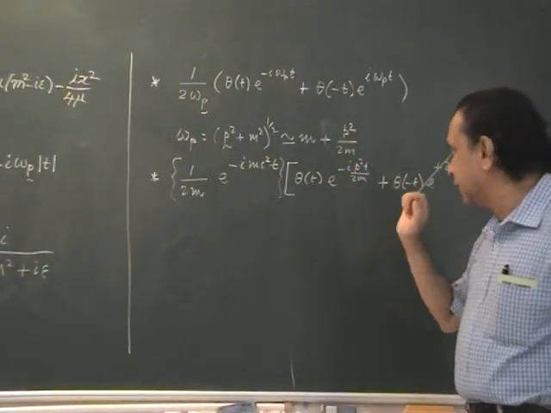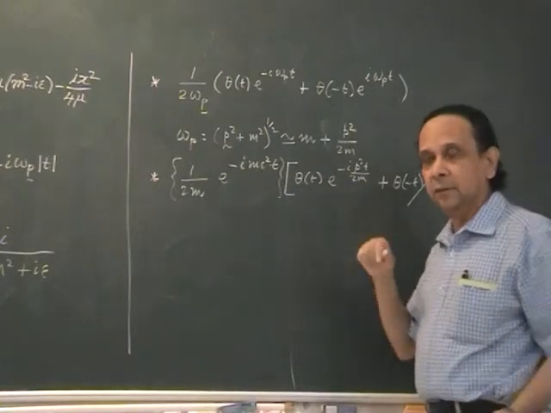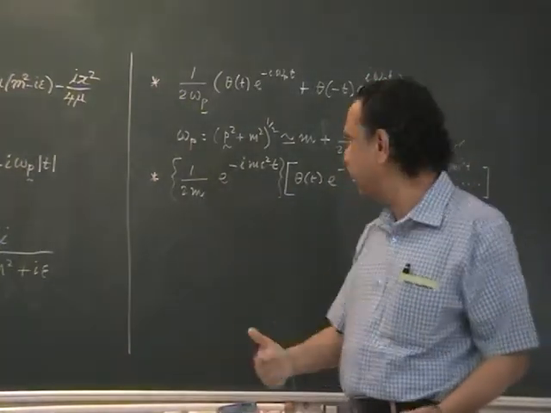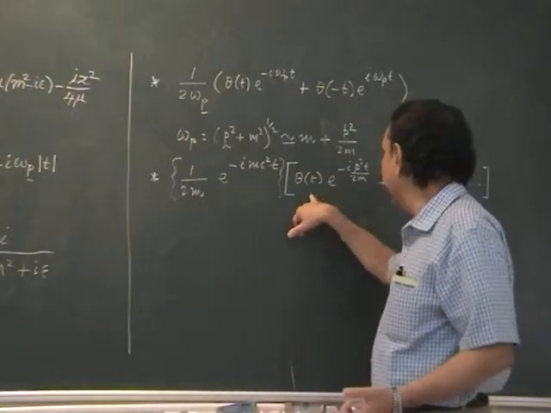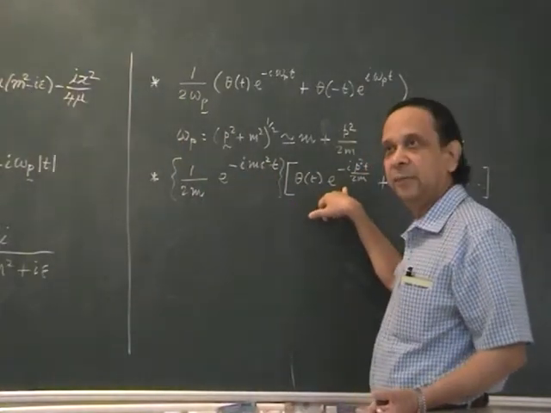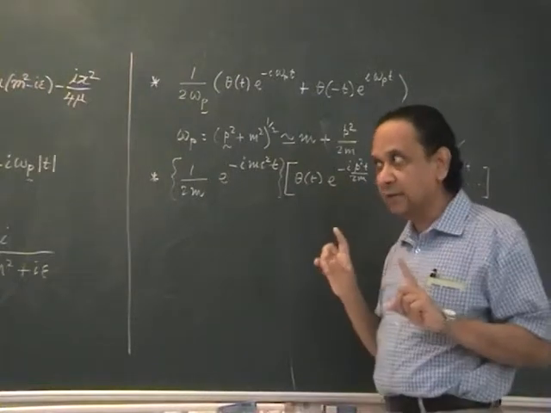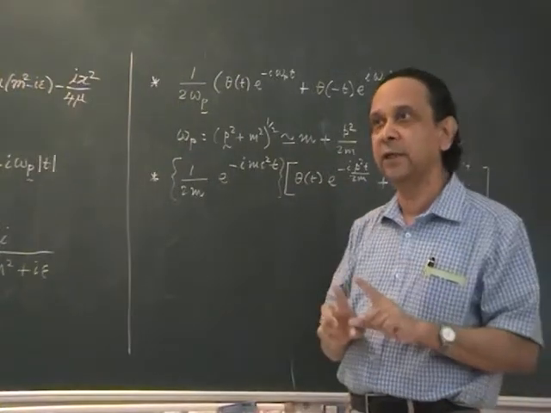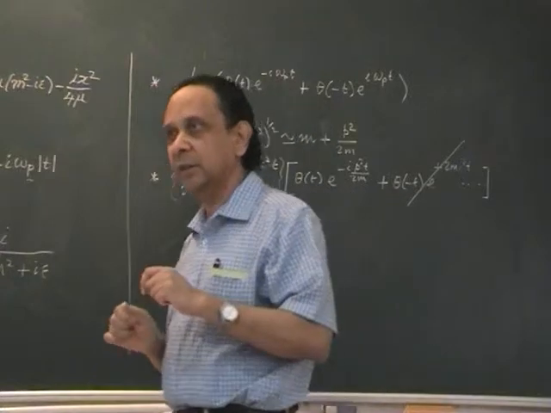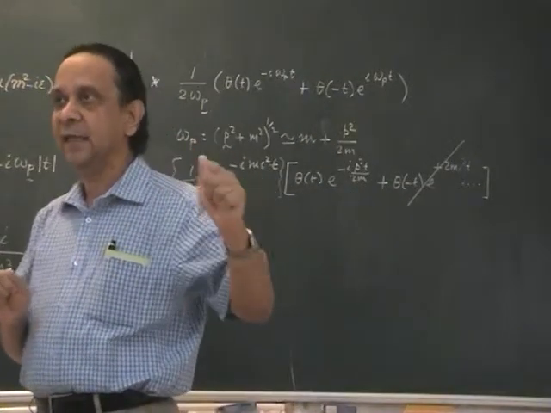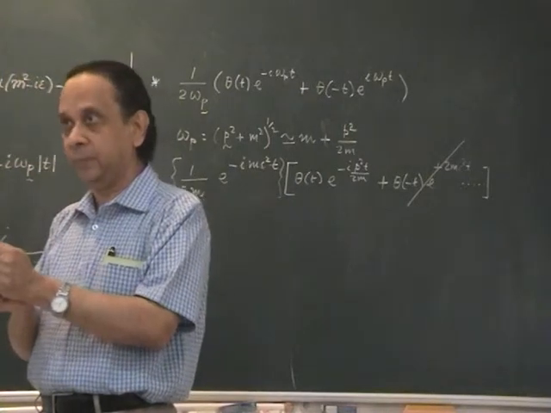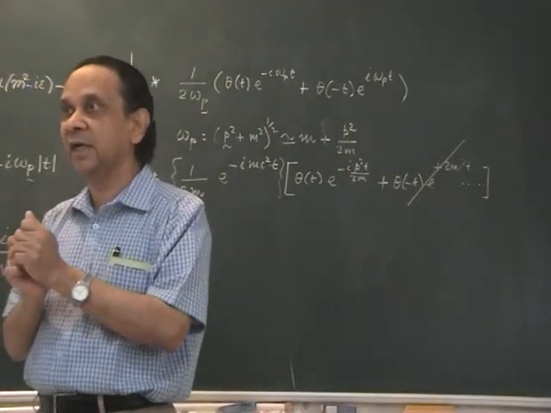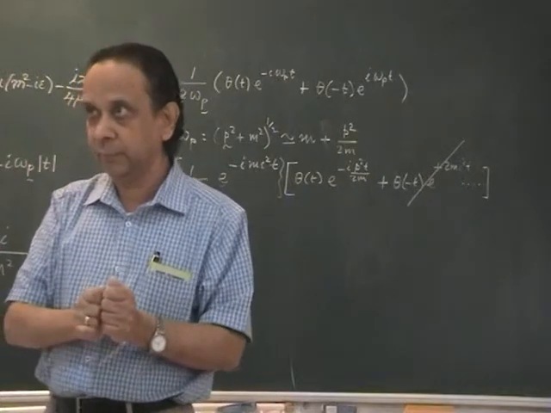Okay? So this is why in this limit, causality is recovered, because this is just an overall constant which will scale up. Then you have just theta of t e to the minus i p square t by 2m. The moment causality is recovered, you know that the wave function at a later time can be determined entirely in terms of the wave function at a given time, which means the equation of motion has to be first order in time.